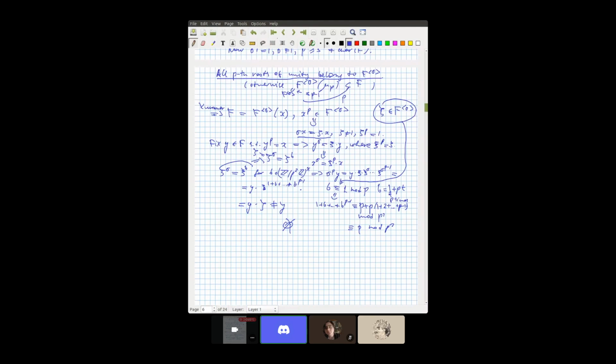This is sigma to the p, and we assume that sigma is of order p, so this should be the identity, and we get a multiple of y instead. Okay, so we have shown that no elements of odd order different from the characteristic can appear.